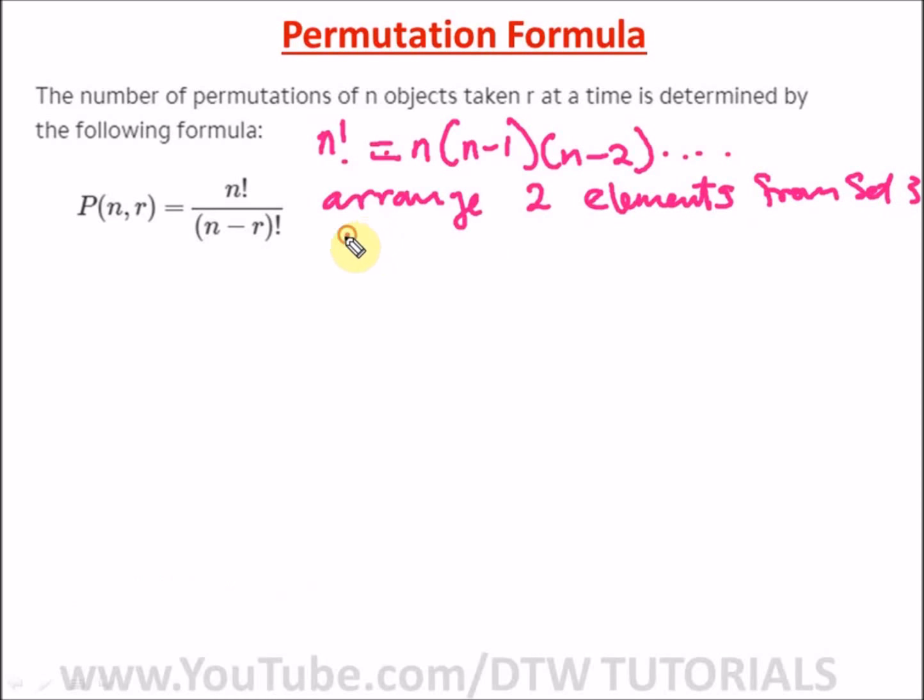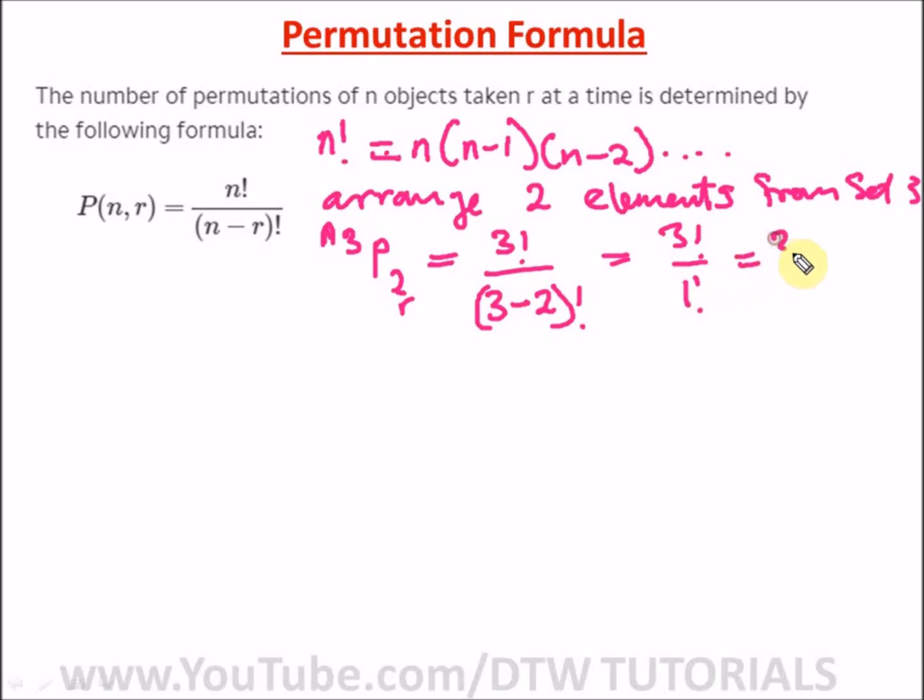This is going to be 3 permutation 2, where we have 3 factorial over (3 minus 2) factorial, from this formula where this is n and this is r. So we have 3 factorial over 3 minus 2, that's 1, and 1 factorial is still 1. So we have 3 times 2 times 1, and our answer is 6. This is how you look for permutations when you are given questions. Don't worry, in our next video I'm going to be showing several past questions from JAMB.